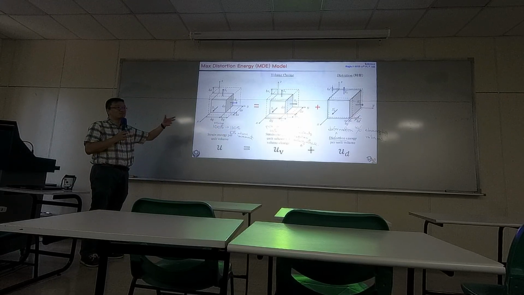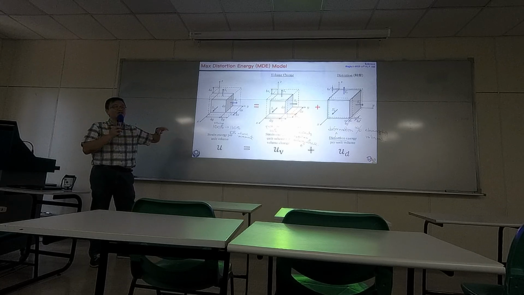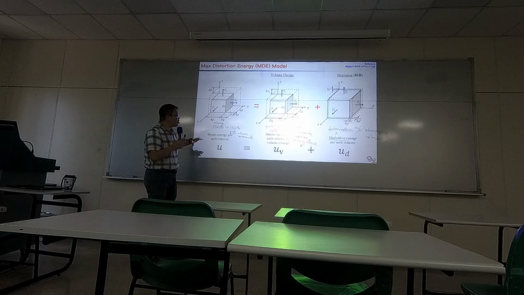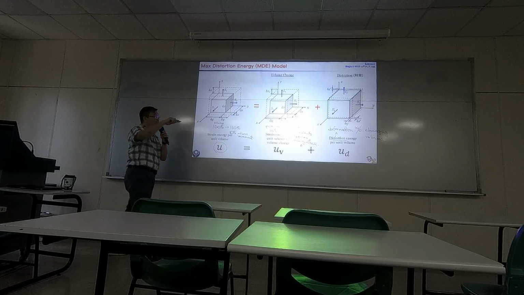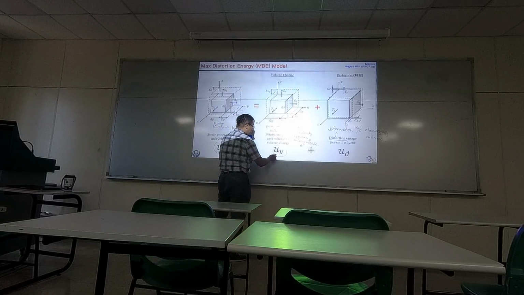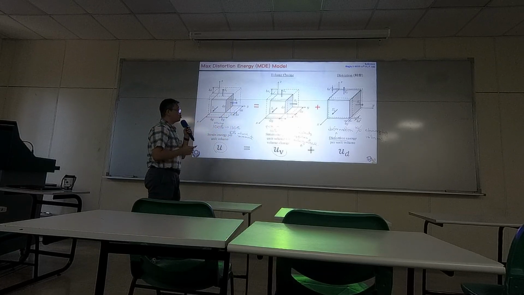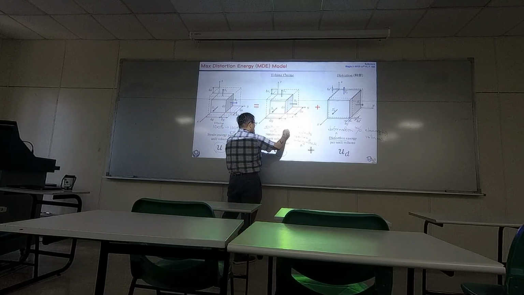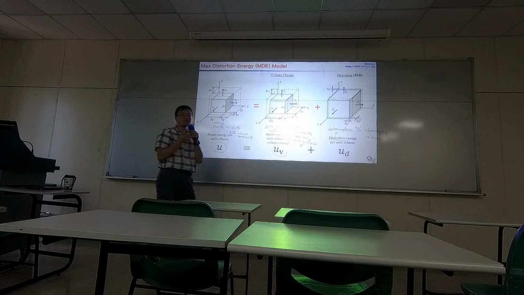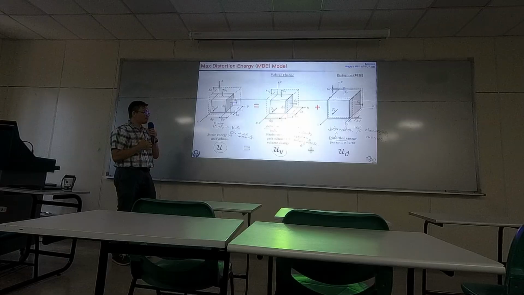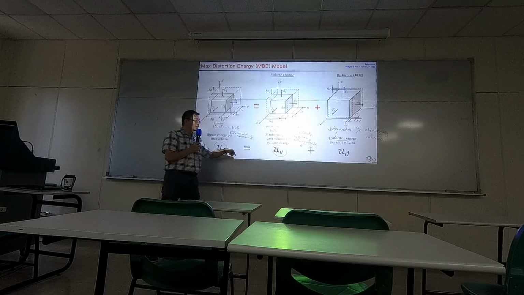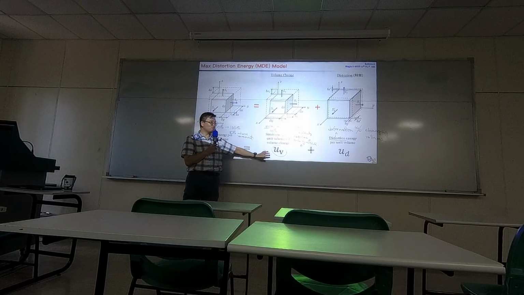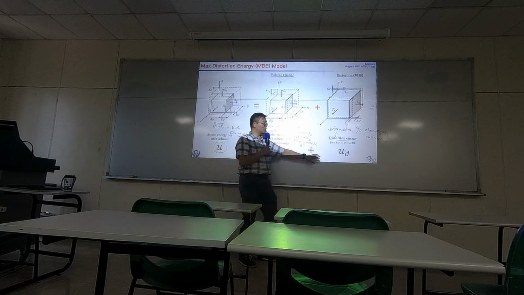And if you agree with this kind of separation, we already know the strain energy per unit volume from last time, from the strain energy model. And this time we are going to talk about the strain energy for pure volume change. This could be computed. So if we are able to compute the strain energy for pure volume change, then U minus UV gives us the distortion energy.